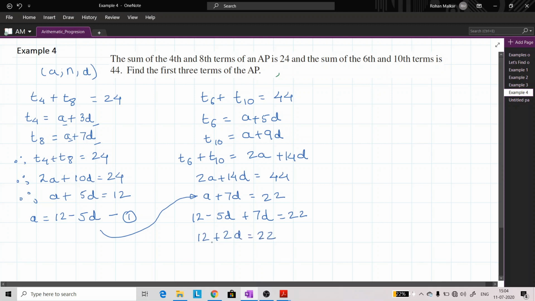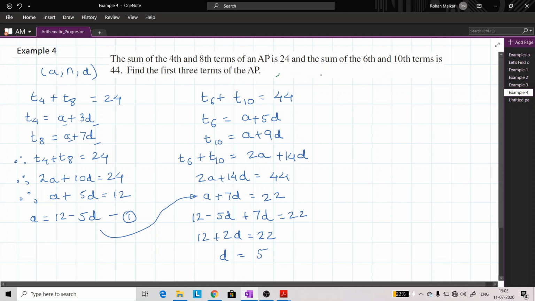And if I just rearrange these terms, 22 minus 12 gives you 10, and D will turn out to be 5. So 22 minus 12, if you take 12 on the right hand side, turns out to be 10. And if you divide 10 by 2, you get common difference as 5. Fantastic. So we found out the value of D.